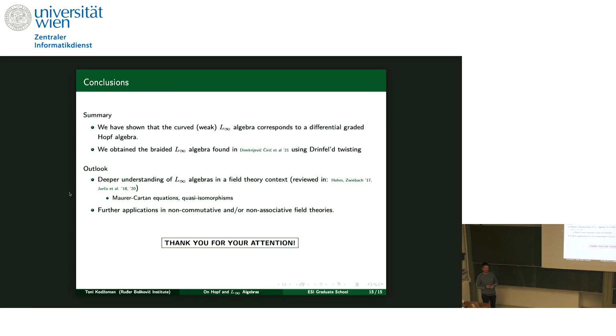Naive question. Can you say more about the physical interpretation of this curved L-infinity algebra, the curving inside the new zero? So the curved L-infinity algebra, I'm not honestly sure what to say as of now.